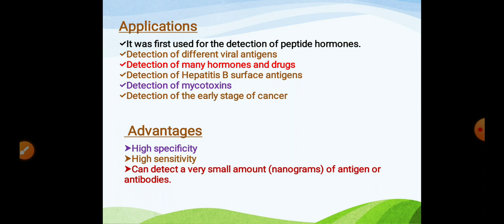Then high sensitivity. High sensitivity means if the specific antibody is there, only then will it bind, otherwise it will not. The third one is that even a very small amount is enough.